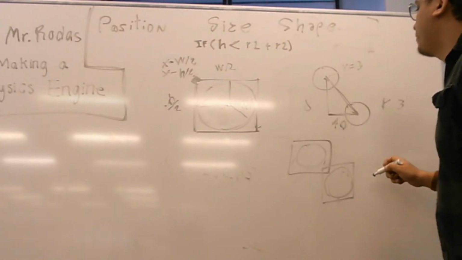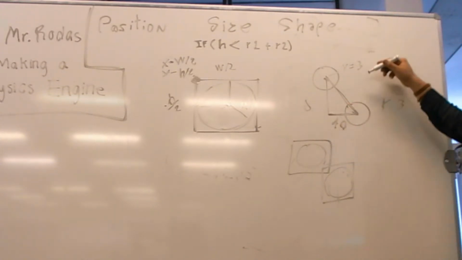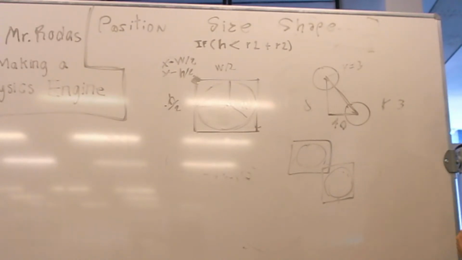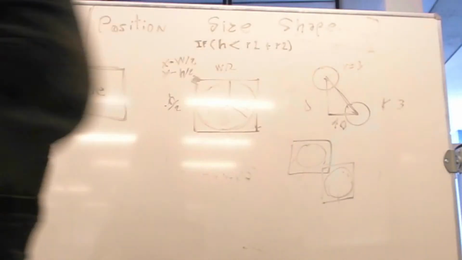So then you get the hypotenuse of this, and if the hypotenuse is less than 6, then they're touching. It's probably not. Make sense? Yeah.